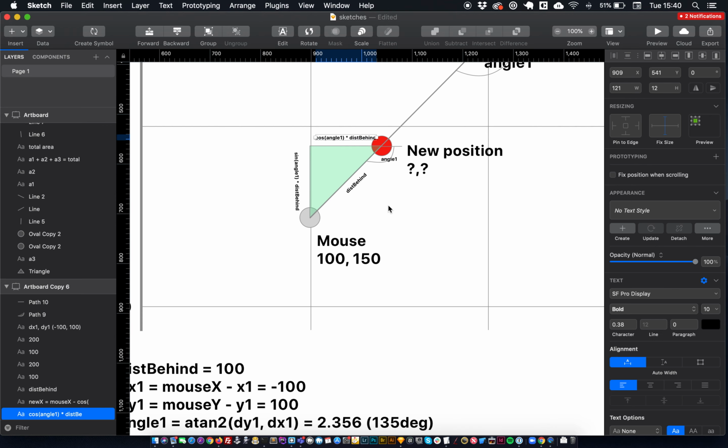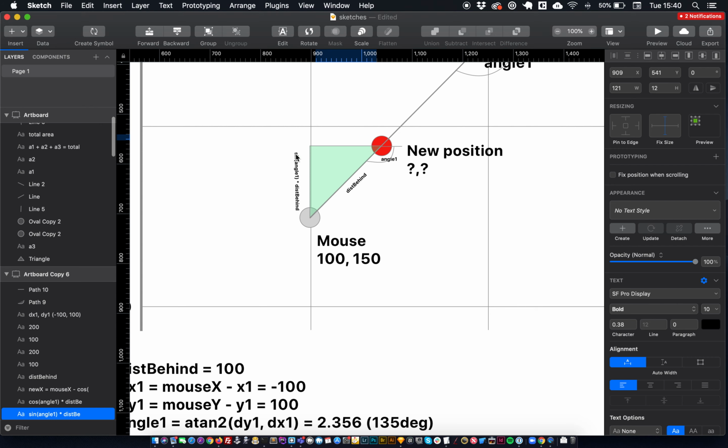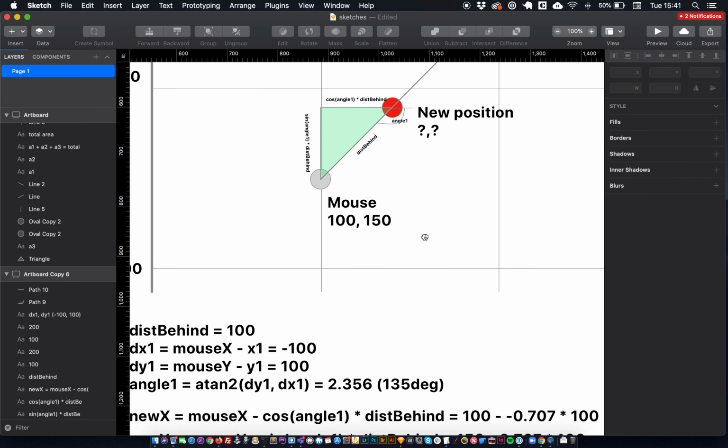If you look up a bit of your trigonometry, you will see that that length there, this is the distance behind, which is 70. We want it to be 75 pixels away from the mouse. So if we use cosine of our angle times the distance behind, we will get this length. And if we use sine of angle 1 times the distance behind, we will get that length. Okay, so that's what we've done here.